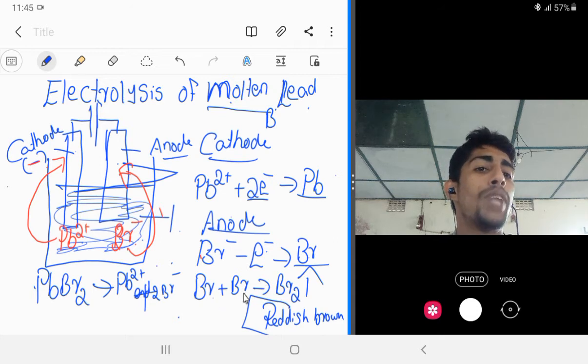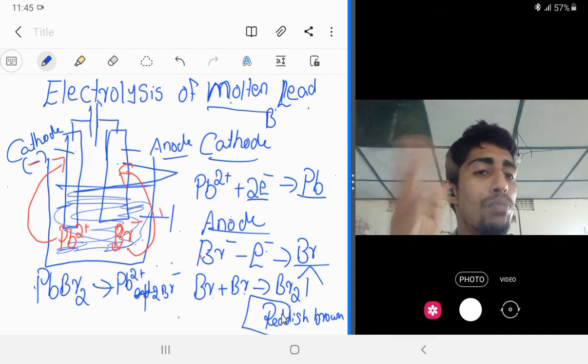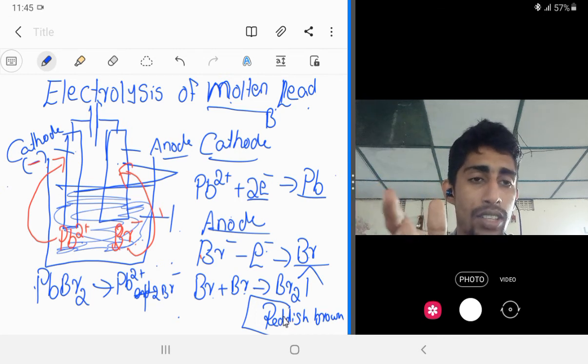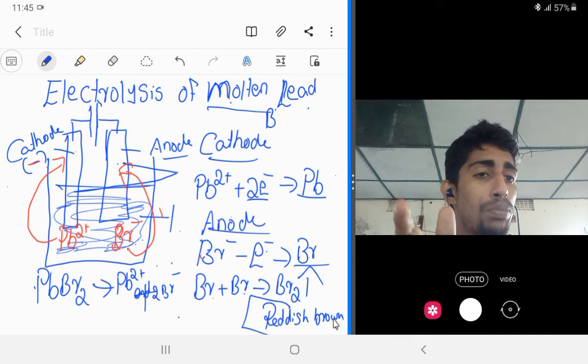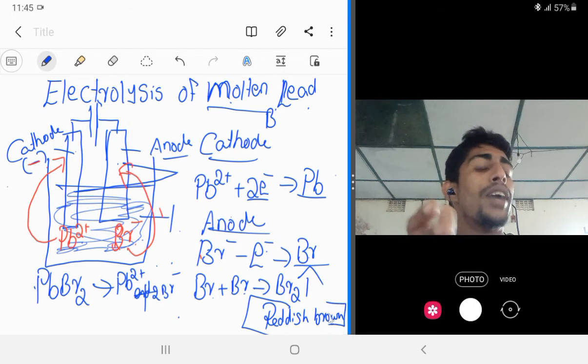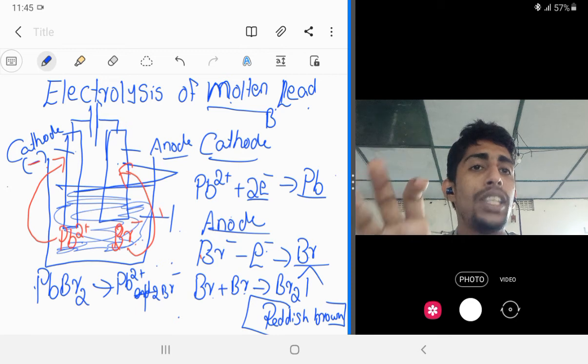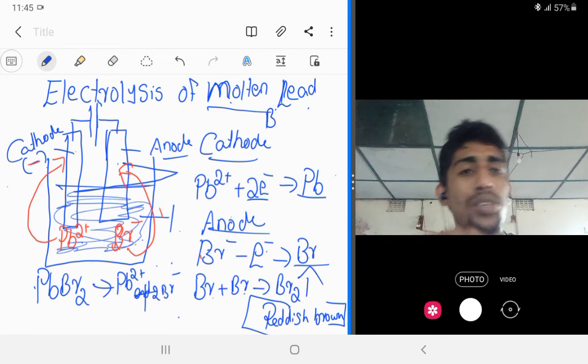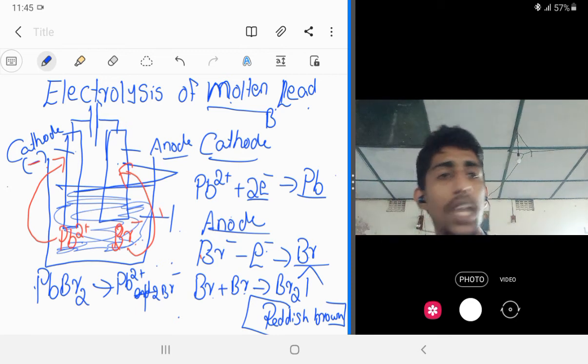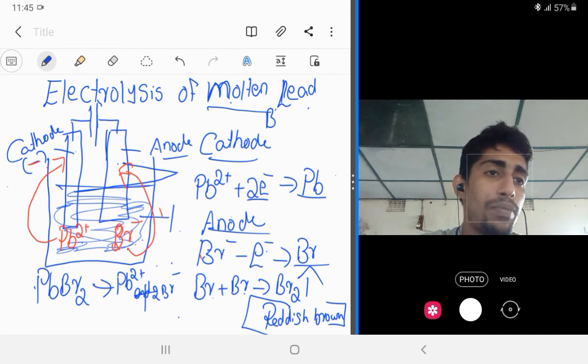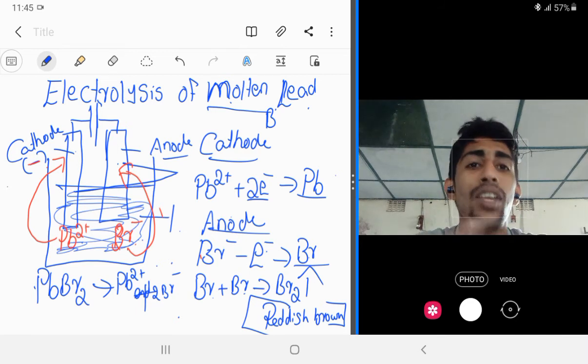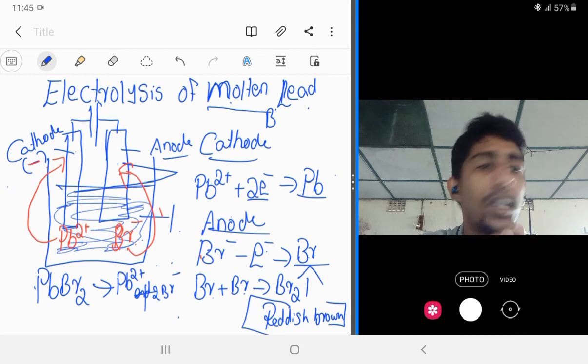Then 2 bromine atoms combine and form bromine gas, which moves to the atmosphere with a reddish brown color. For our eyes we can see only this reddish brown gas. This electrolysis is used for the purification of lead. For getting pure lead we use this electrolysis.